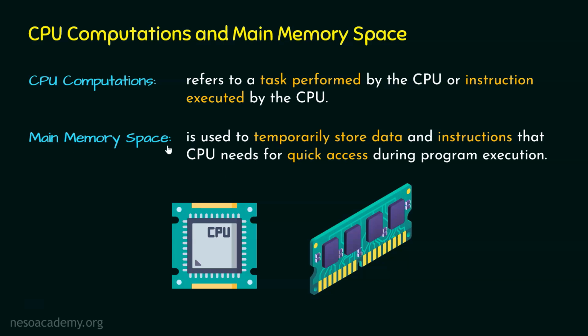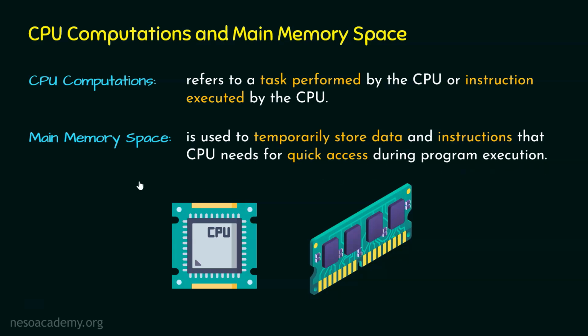Main memory space is of concern to us, and we are also concerned with the total number of CPU computations required by an algorithm. So these are the two terms which I hope are completely clear to you. The meaning of CPU computation is an instruction executed by the CPU, and main memory space is the memory space required by the CPU for quick access of data and instructions during program execution.